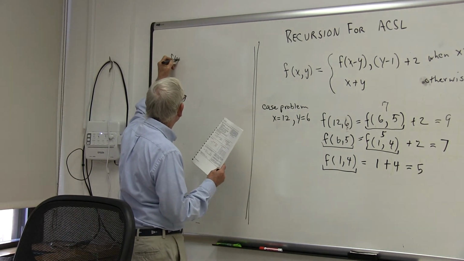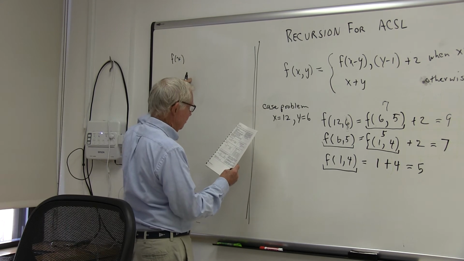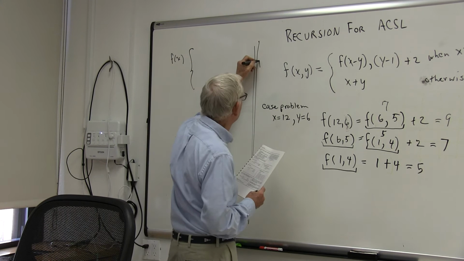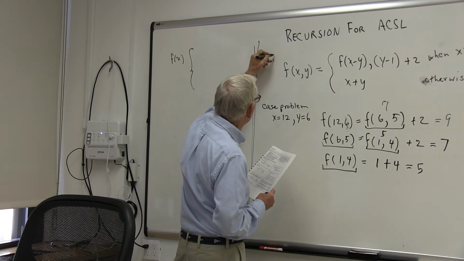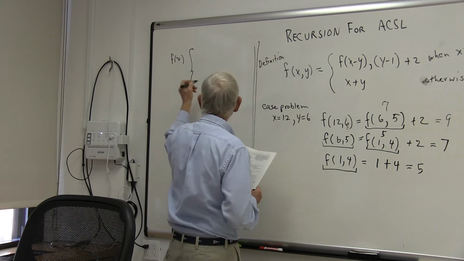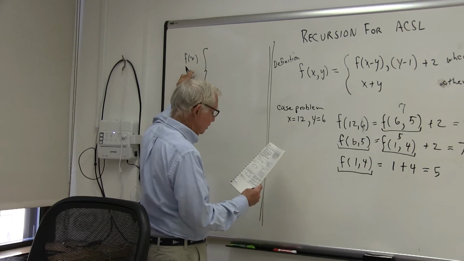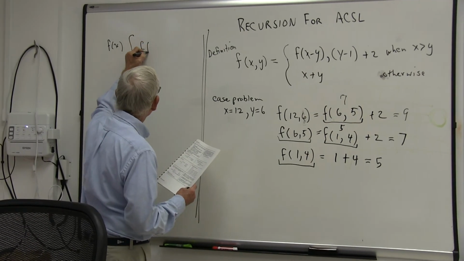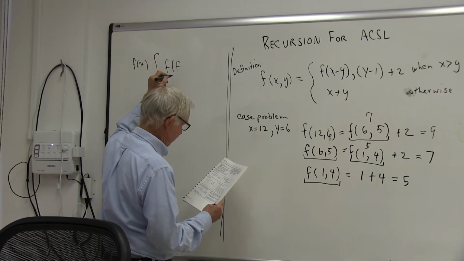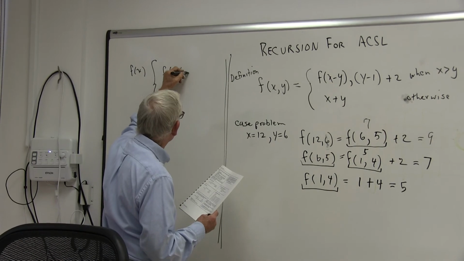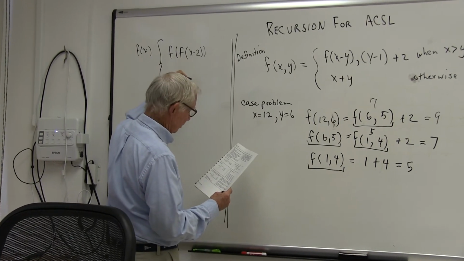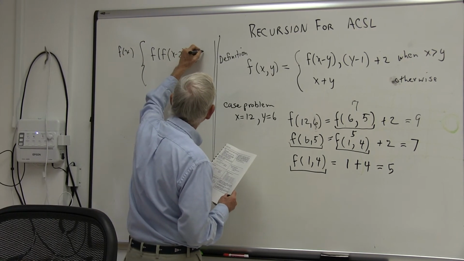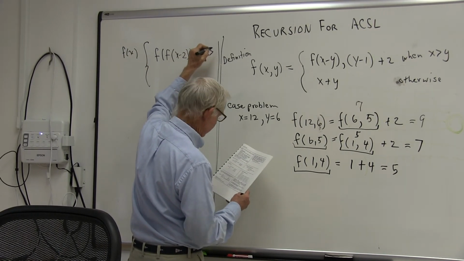The function of x is equal to this. First, we always have to define. This is the definition of the function. So the function of x is equal to the function of x minus 2 plus 1 if x is greater than 1.